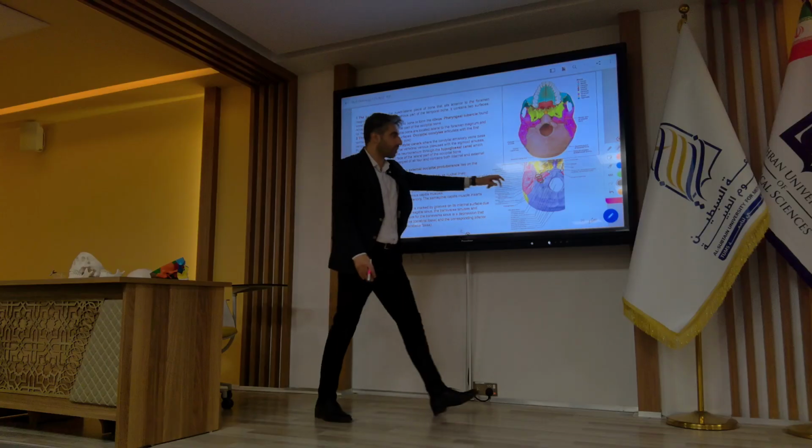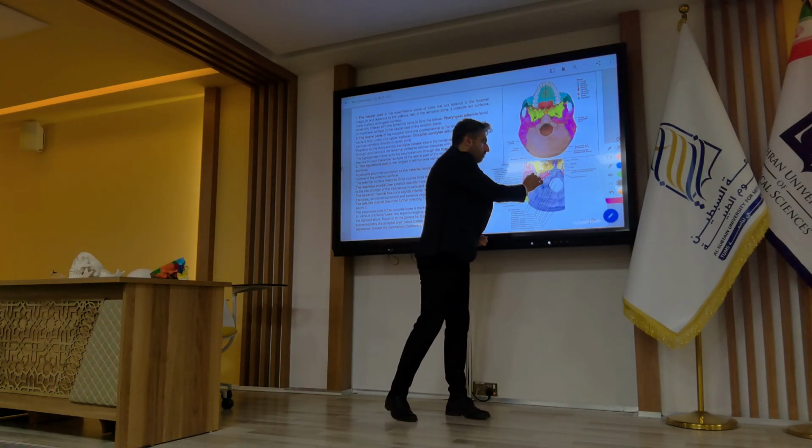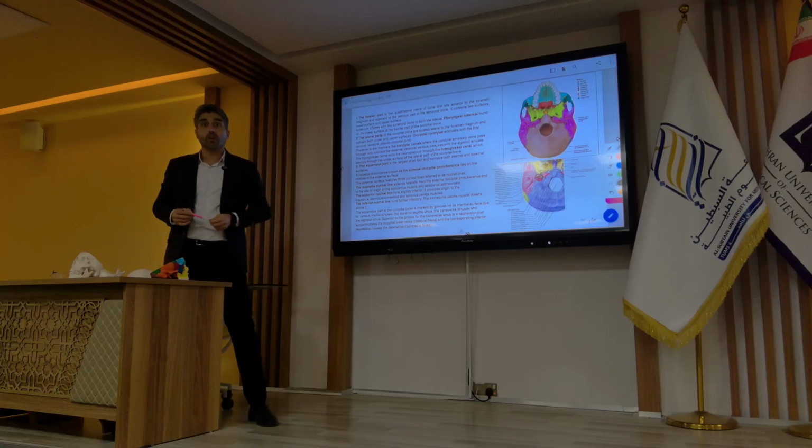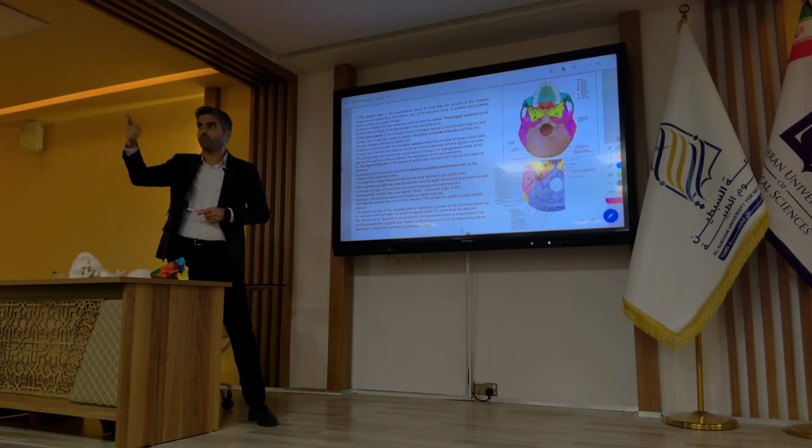Look at the carotid canal. The artery of the brain, internal carotid artery, passing from here. So another reason you should pay attention to the temporal is jugular foramen is here and carotid canal is here for the vein and artery. Vein of the brain goes out from here and artery of the brain comes in from here.